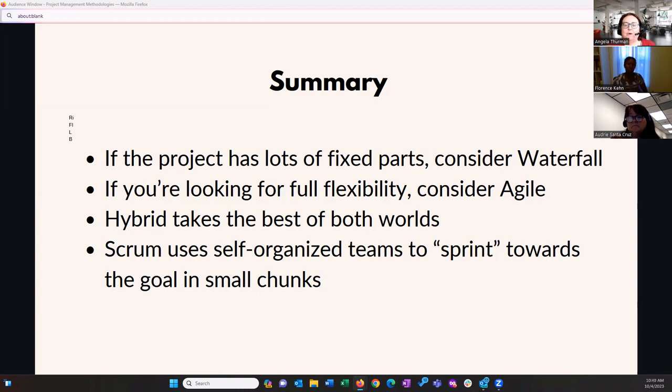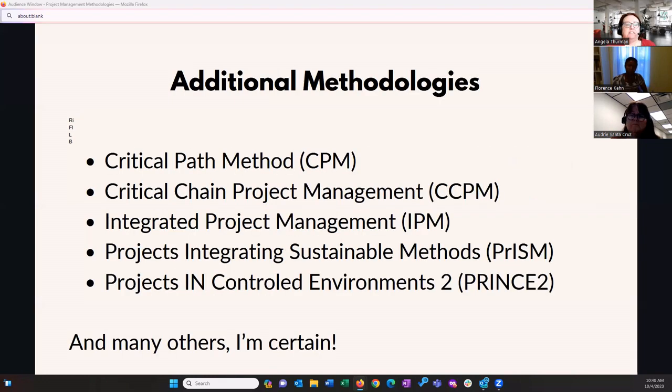So these four methodologies are just the ones that are probably the most common, but here are some others as well. We have the critical path methodology, which will identify for you those tasks which are essential and will make up the shortest path to complete the project.